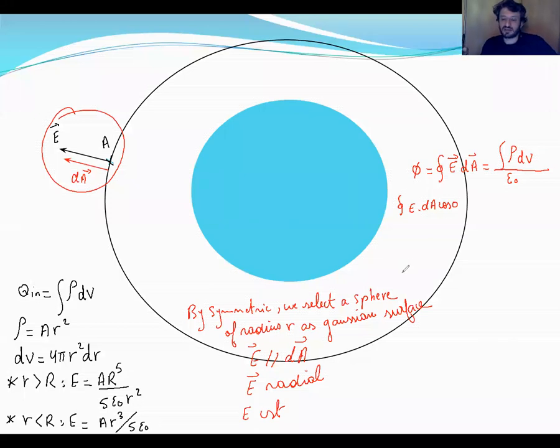We select a sphere of radius r as Gaussian surface. E must be parallel to dA, E must be radial, and E constant at any point on the surface. Okay, you have to write the conditions. Okay, we continue.